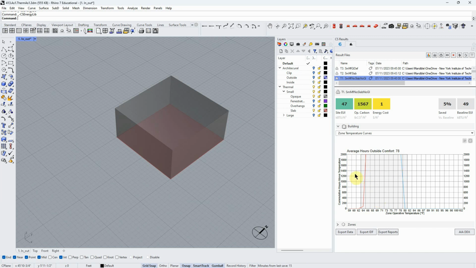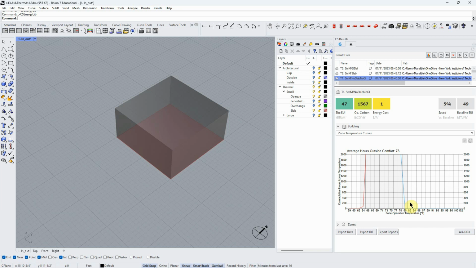And then the blue and red lines are the temperatures throughout the year in terms of numbers of hours. What this is saying to us is that we don't have very many hours. Actually, it looks like we have 78 hours that are outside of the comfort zone at a lower temperature. I don't think we have any that are above the comfort zone in terms of being too hot.